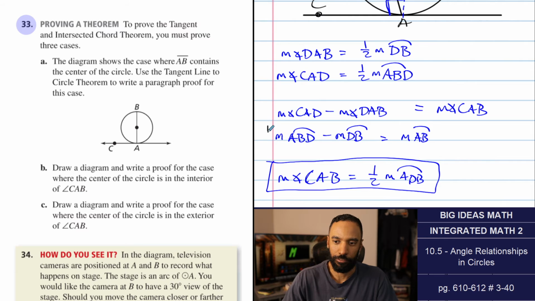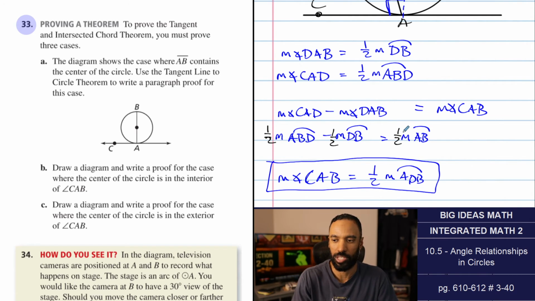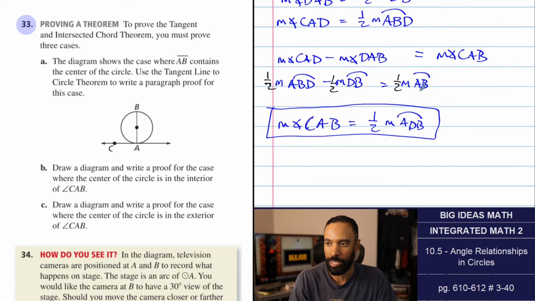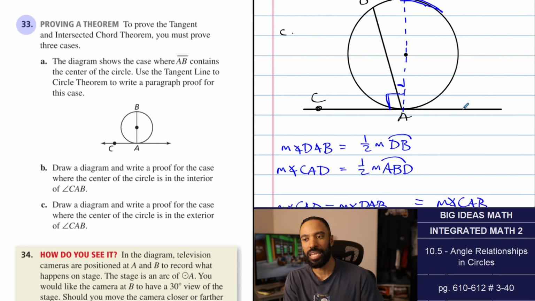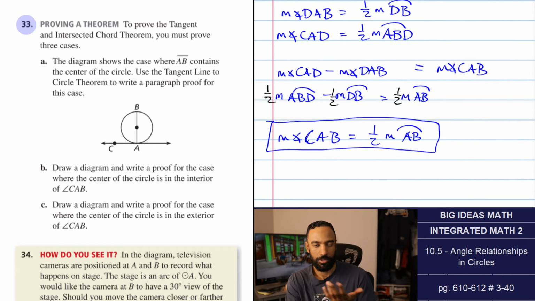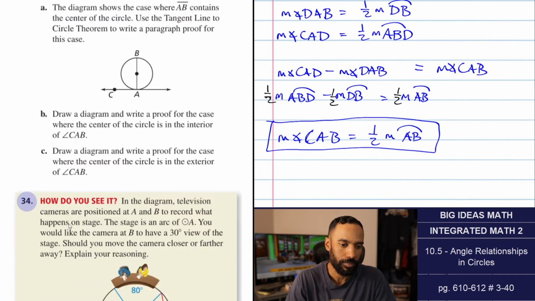So you can put the halves in front as well if you'd like to, like last time. That's not going to necessarily change too much, but just by substitution, these are going to be equal to each other as well. Measure of angle CAB will be equal to half the measure of arc AB. And that's the final result there. So they all seem to work. For me, it was more on the inscribed angle concept, and I mentioned it at the time what it looked like. So I'm a believer either way.